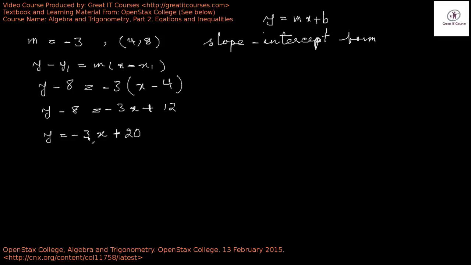And so this is automatically in the form y is equal to mx plus b, and so this is your slope, and this is your y-intercept. And so this is the equation of the line, y equals minus 3x plus 20.